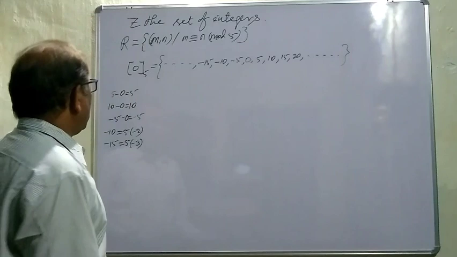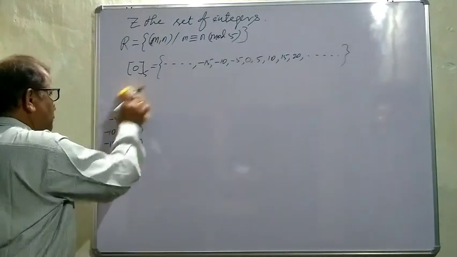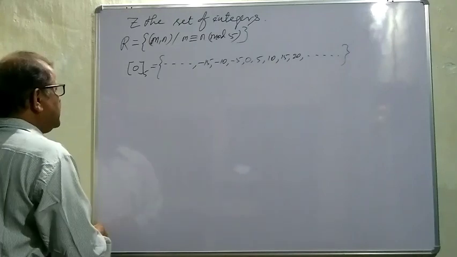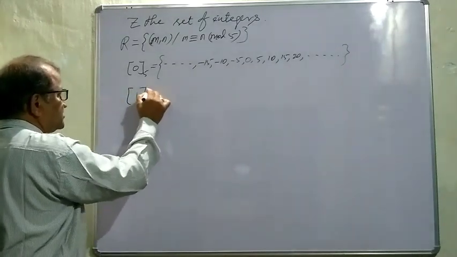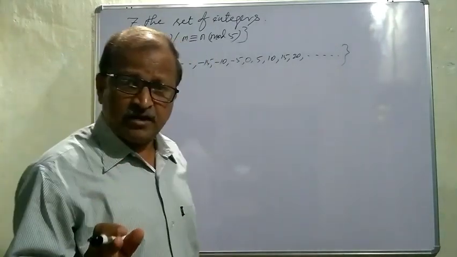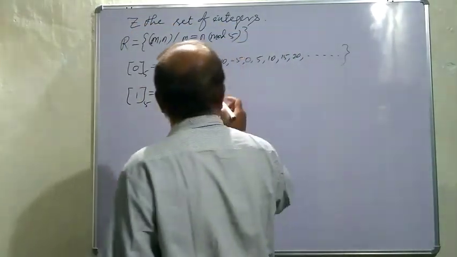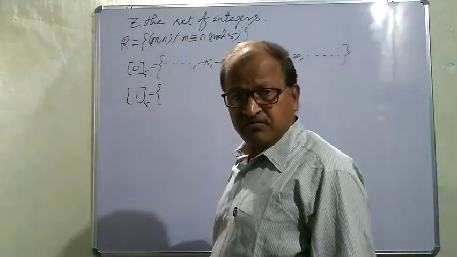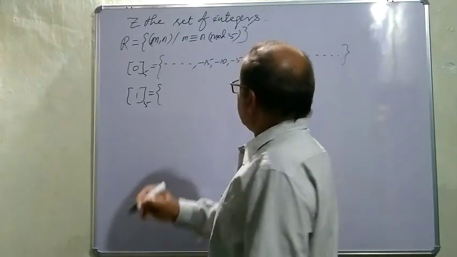Clear? Now let us find the equivalence class of 1. 1 must be there because the relation is reflexive, so 1 should be related to 1 itself. So 1 is a member of that class.